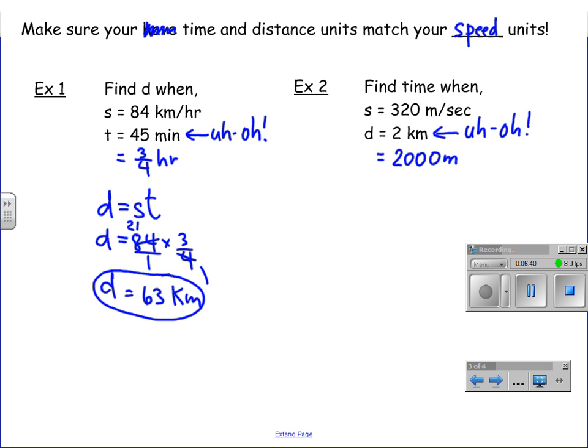Now what do we do, Rhea? Good. And what do I do with that formula? Substitute in 2,000 for the distance. 2,000 equals 320 times t. Good.